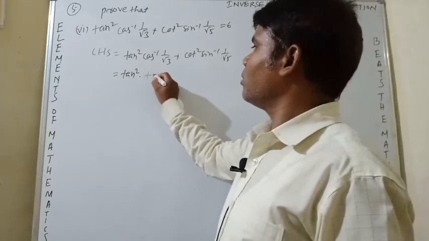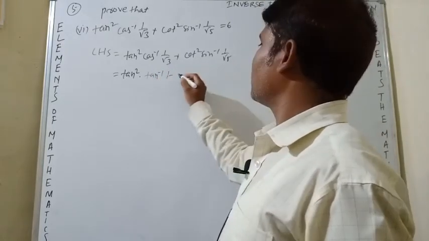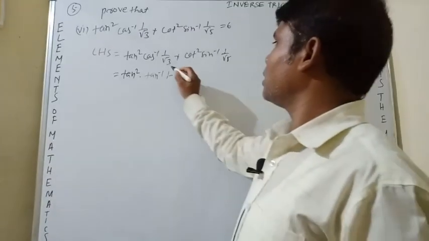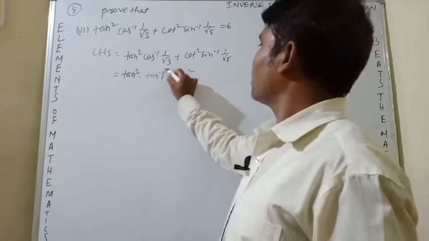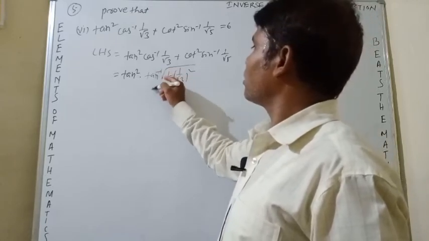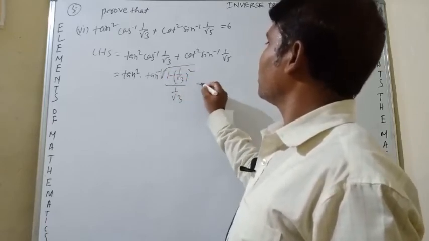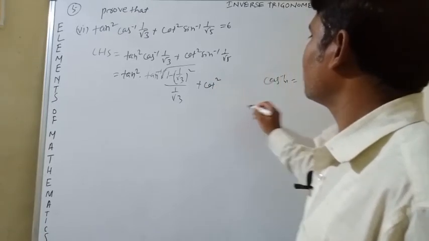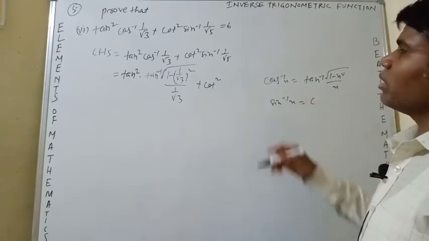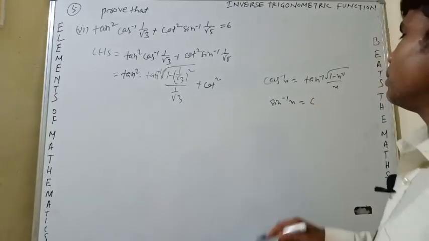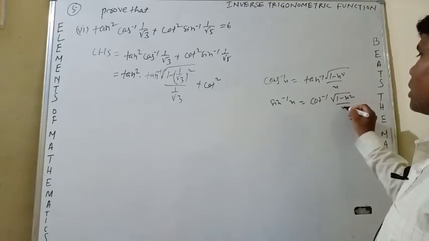So this is equal to tan inverse root of 1 minus x square, here x is equal to 1 by root 3 whole square by 1 by root 3 plus cot square sin inverse x is equal to, sin we have to convert into cot because cot square is given, so cot inverse root over 1 minus x square by x.